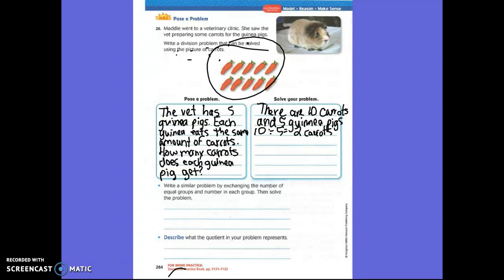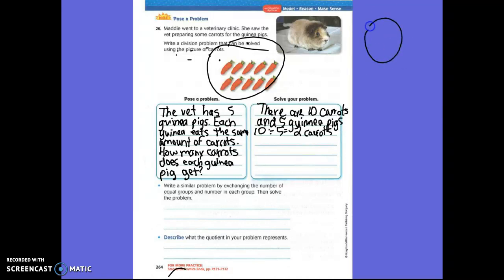All right, the next part, boys and girls, says write a similar problem, but instead exchanging the number of equal groups and the number in each group. So you're kind of doing the, instead of 10 divided by 5, for 10 carrots divided by 5 guinea pigs equals 2 carrots, they want you to change the grouping, okay?